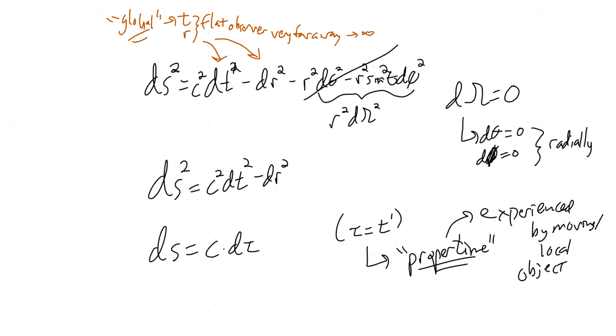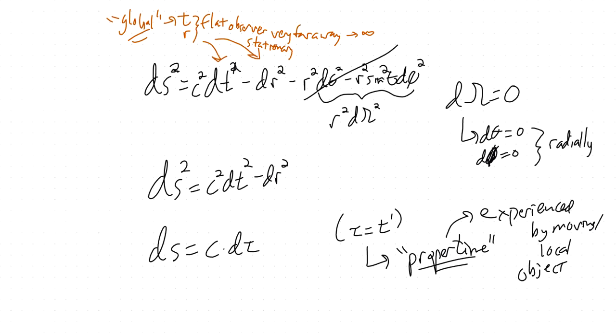This is what a normal observer would experience, or a stationary observer. So this is like the stationary clock time or the stationary length measurement. So the proper time is like the time inside the spaceship that's moving, whereas T is the time on Earth, that we consider our reference frame, our stationary reference frame.